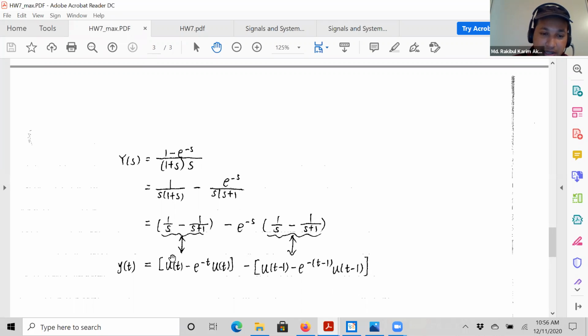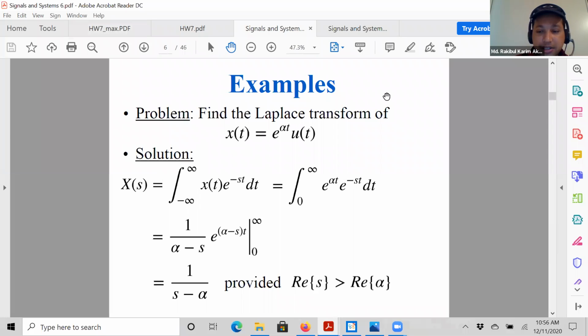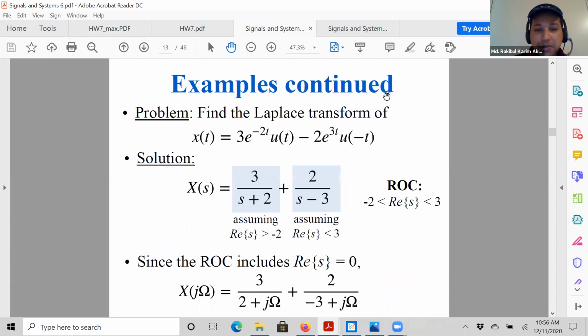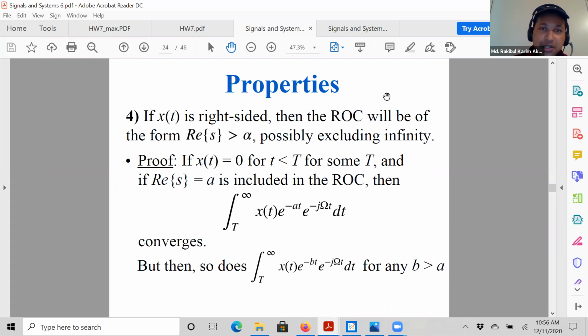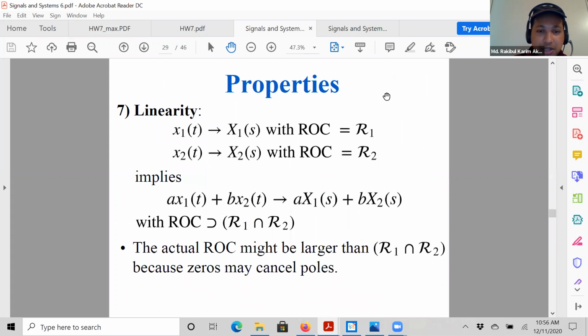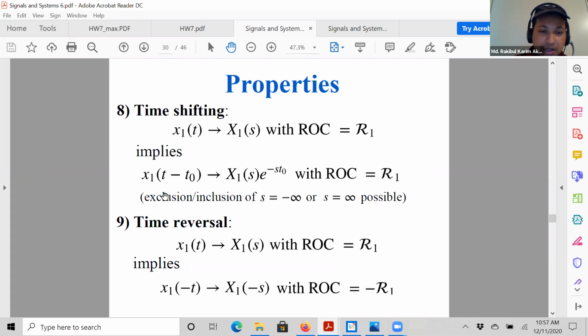That's why, from this equation, you have to shift it by 1. Why? If you go back again to the 5 properties, one of the properties is shifting in the time domain. I was saying 5 properties: shifting in time domain, shifting in s domain, differentiation in s domain, time domain, and convolution. So this is the shifting in the time domain, which gives you e to the power minus s t naught.